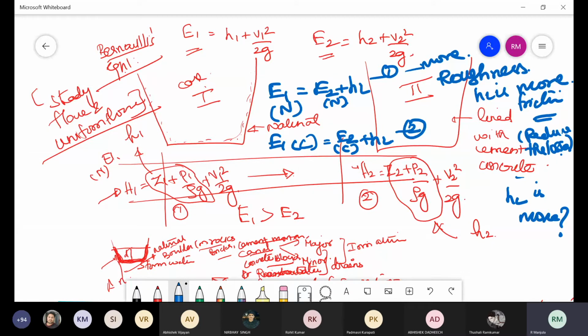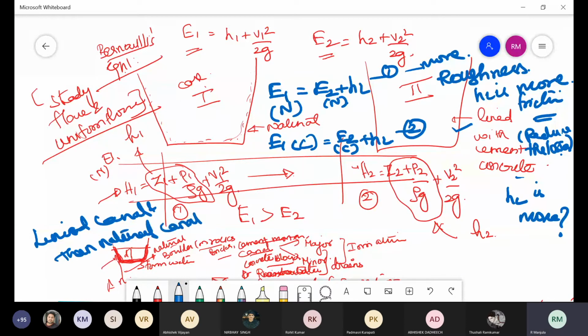Some amount of water will be lost because of roughness or friction. That will be least in the case of the second channel because of the reduction in roughness. That is the reason we prefer lined canals over natural canals.